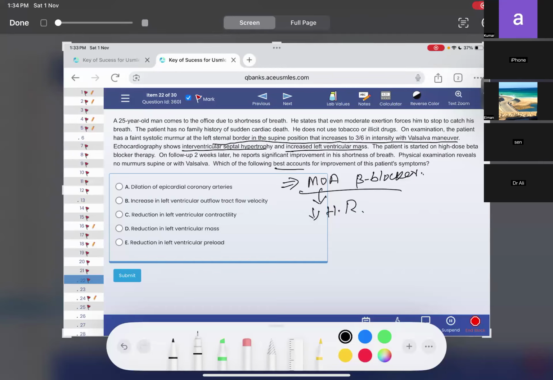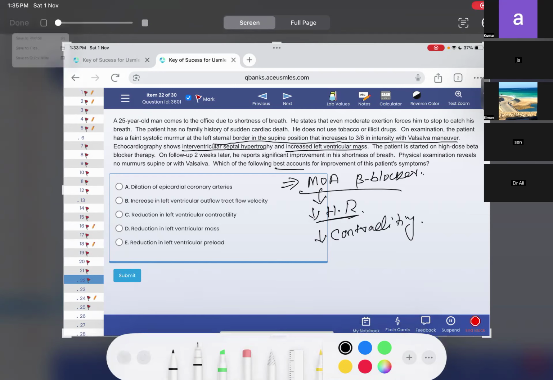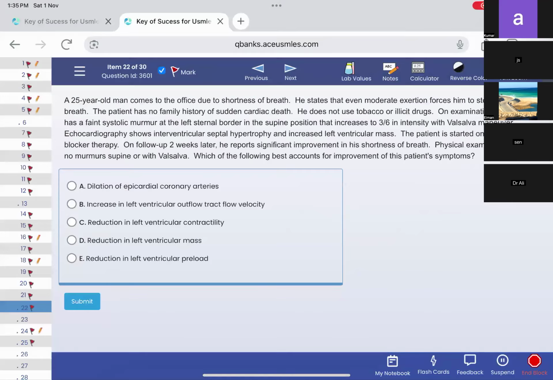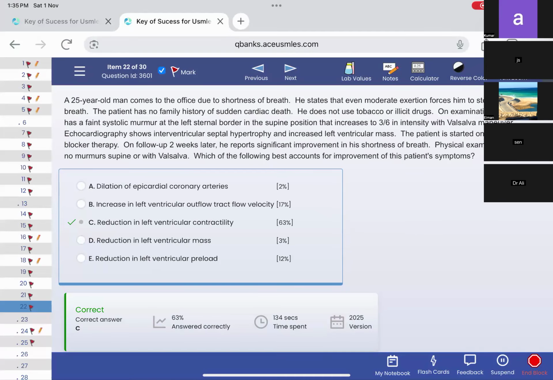Yes, and also with reduction of heart rate, there is also a decrease in the oxygen consumption, and decreased contractility. So which option is correct? C option. Clear everybody? Anyone with a question?